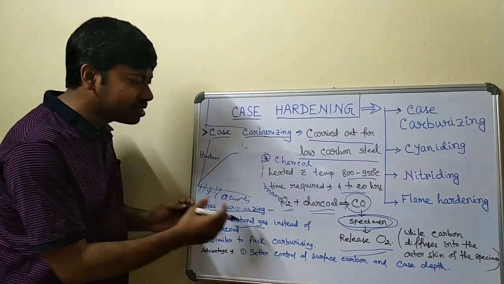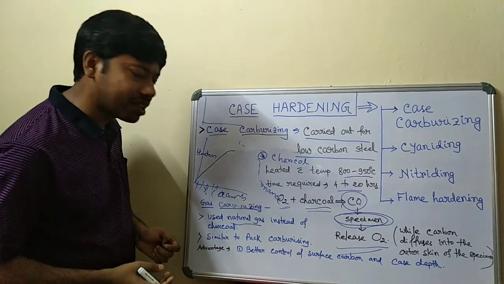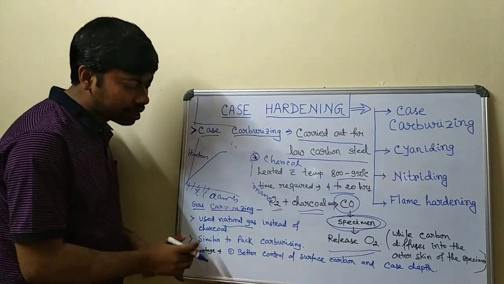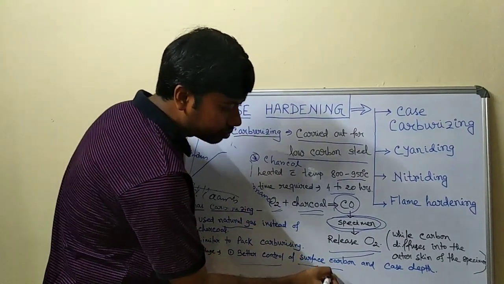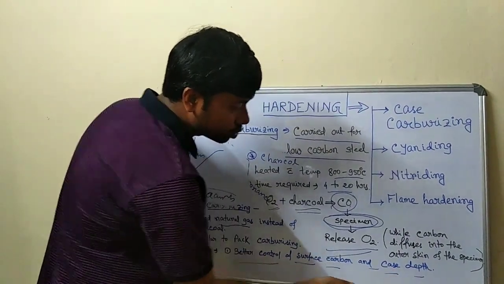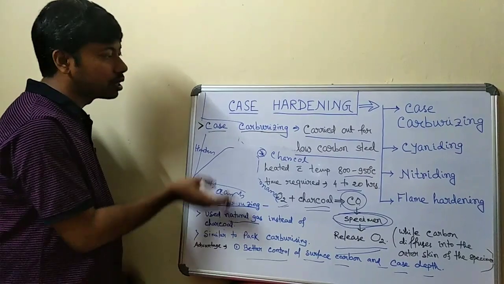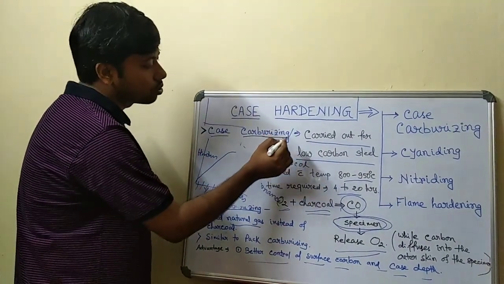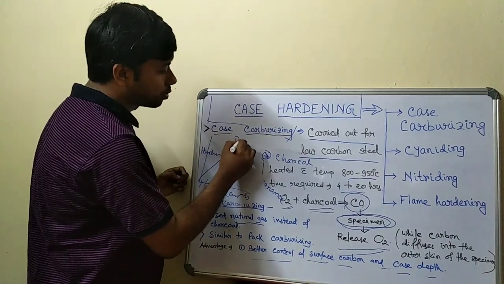Okay, and it is similar to pack carbonizing. And one more thing, the main advantage is the better control of surface carbon and the case depth. So this is the basic advantage over case carbonizing process. And one more thing, case carbonizing is sometimes also called pack carbonizing.